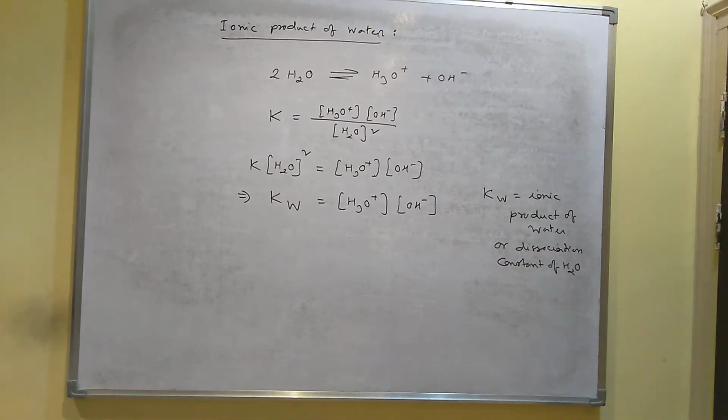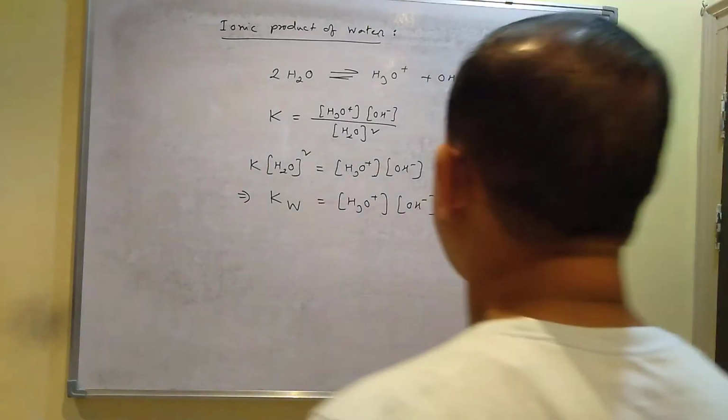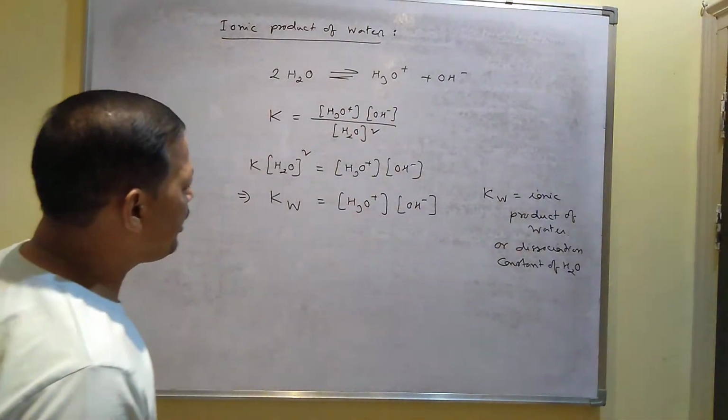So now you have got the ionic product of water, Kw. Kw is equal to the concentration of hydronium ion times the concentration of hydroxide ion.